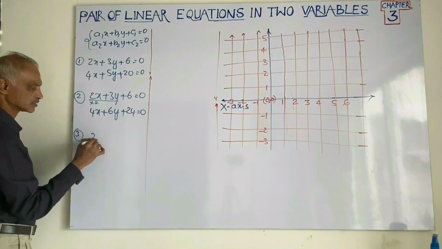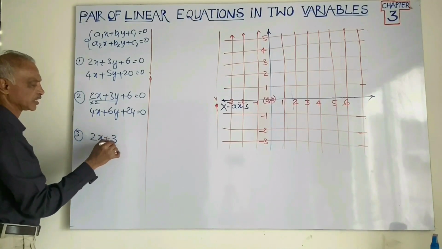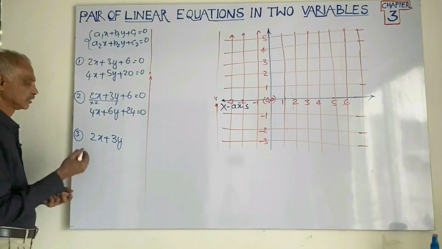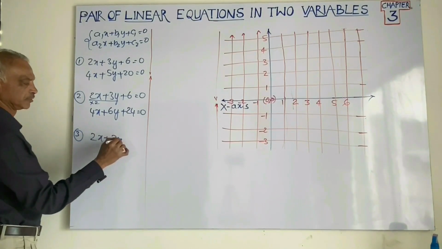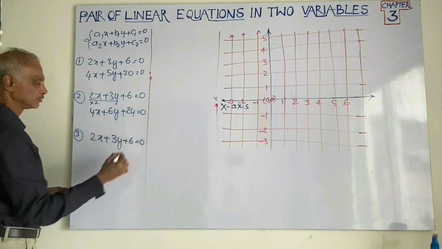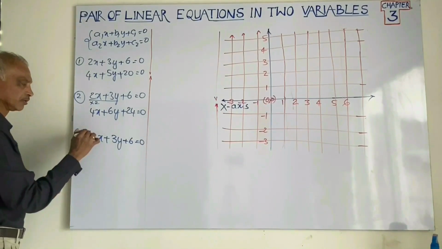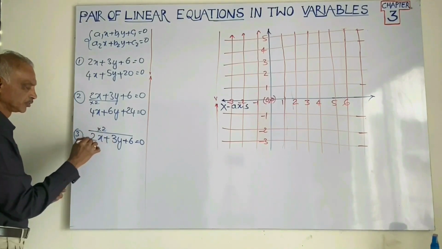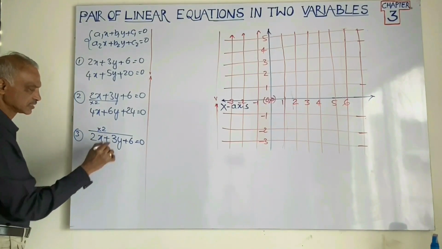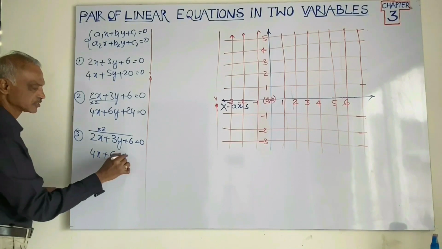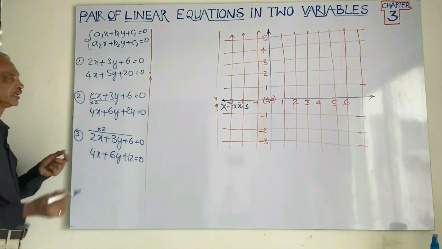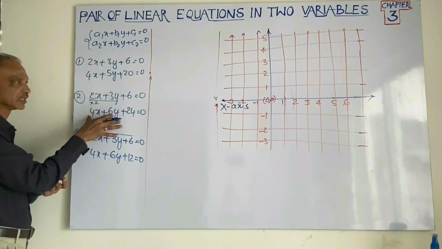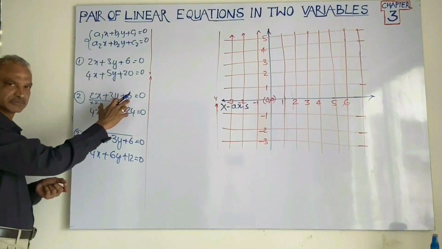Third example I will take. I am taking same example, the 2x plus 3y. Any example you can take. 2x plus 3y plus 6 is equal to 0. I will multiply this equation with 2, to get 4x plus 6y plus 12 is equal to 0. Here I am multiplying only 2x plus 3y, 4x plus 6y. I am not multiplying 6.